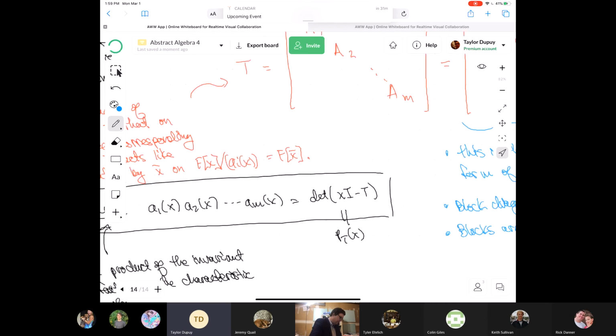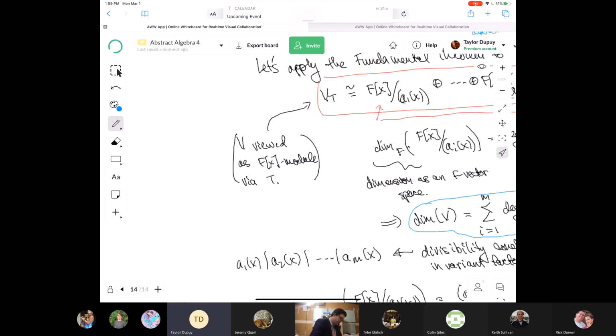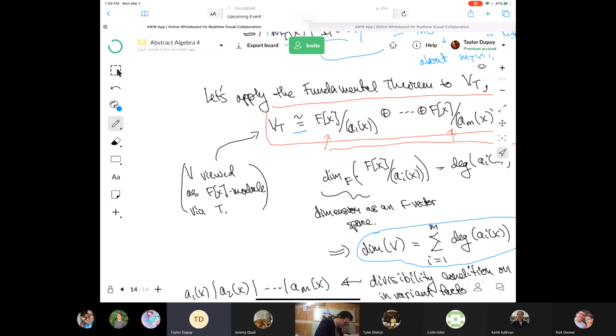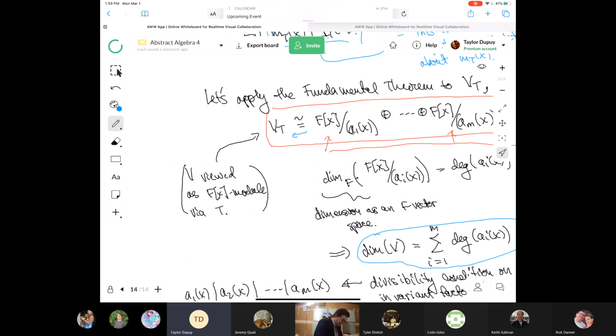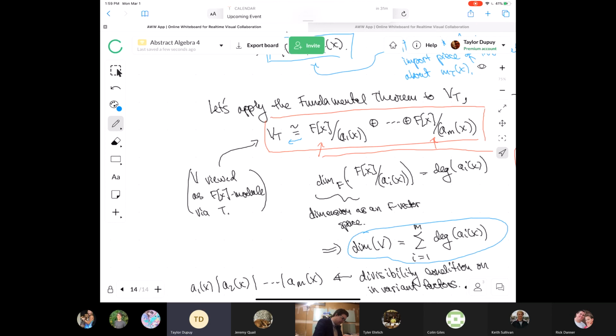Okay? And this whole thing about this isomorphism here is saying that there's a choice of basis so that it looks like this. So this is this isomorphism.